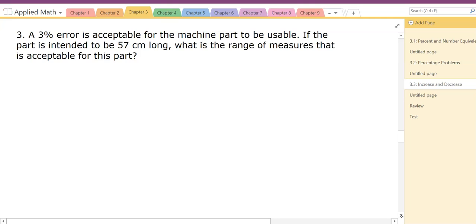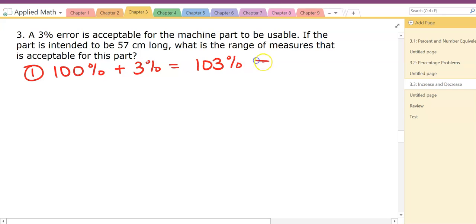So first, let's figure out what the percent of change would even be. So I'm going to break this into a couple steps. First thing I'm going to do is do my combined percentage, so 100% plus 3% would be 103%, which is the same thing as 1.03 if I want to write that as a decimal, if I divide by 100.